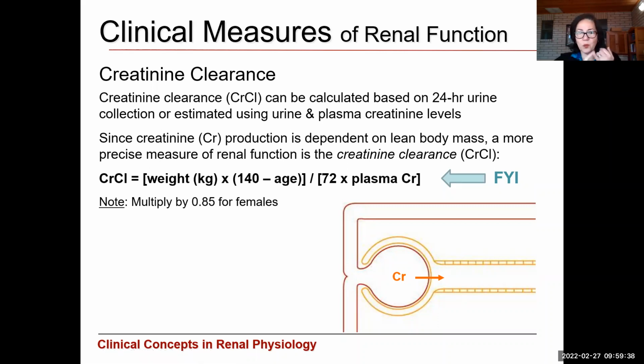Now, why weight, age, and gender matter is, again, it's related to muscle mass, and you're using these constants and these variables, the weight and the age, as a way of adjusting your expectation for how much creatinine clearance you expect for this patient.